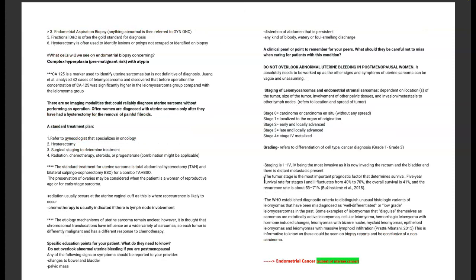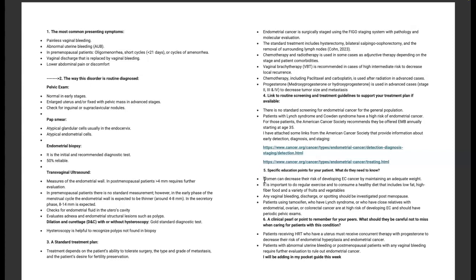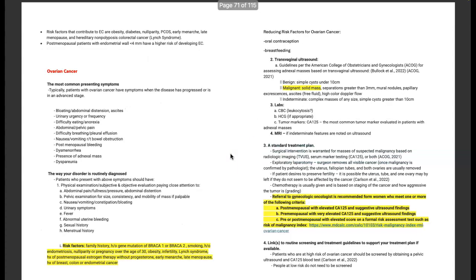And then I went on to give a standard treatment plan and provide some clinical pearls for myself, as well as staging and the staging of leiomyosarcomas. And then I moved on to talk about endometrial cancer, common presenting symptoms, the way it's typically diagnosed. And then I gave myself some standard screenings for endometrial cancer here with cancer.com, so I'll have these references and specific education points to provide patients.